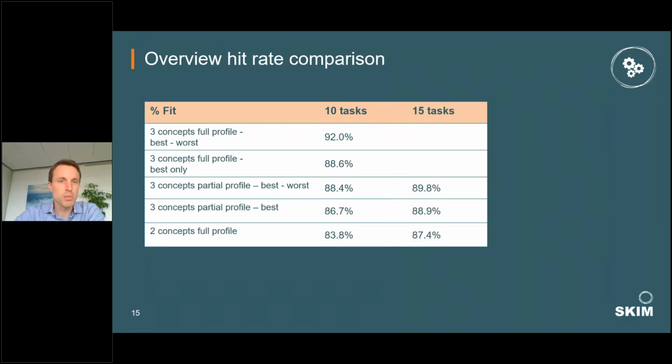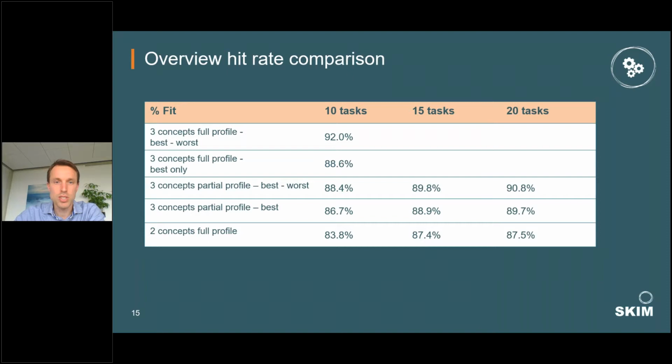So we did that for the bottom 3, and you see that the best worst partial profile climbed well, so all of them did, and they're getting closer to the range of 88 to 90%. They're not beating the top one, but with 20% of the tasks, the partial profile best worst is above 90% already. But you also see that with adding 5 tasks, you don't get that much more information from a respondent.